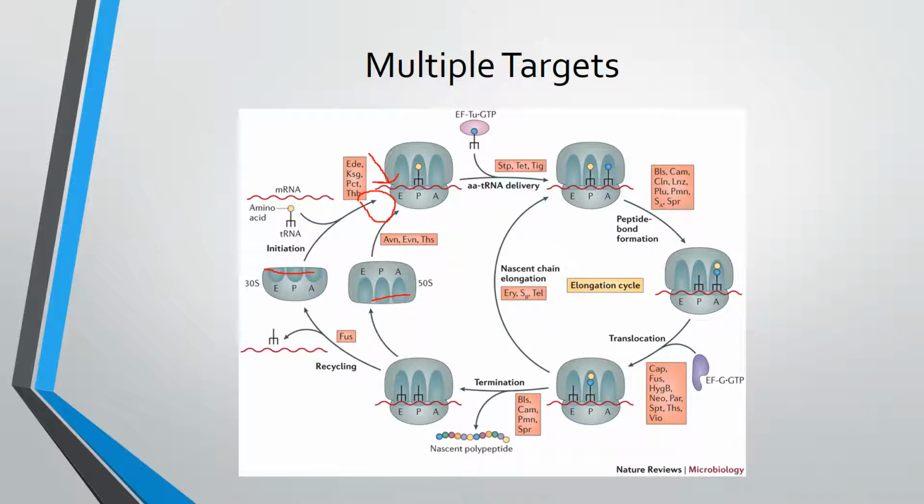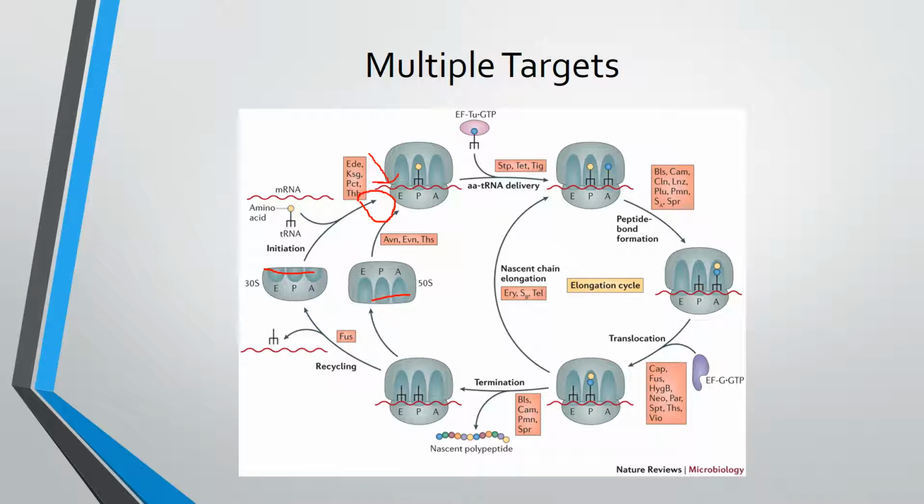Again, as I said, there are multiple targets in this process that these drugs can look at. The biggest thing is the fact that their subunits are different. So when the subunits are separated, if I can bind to one of these sites here, then there's no way that any messenger RNA can allow the subunits to come together, meaning no proteins are produced.